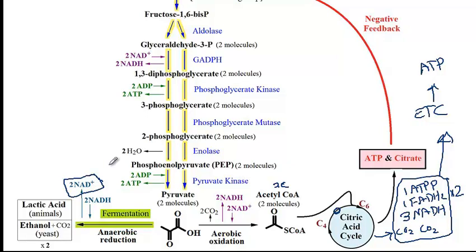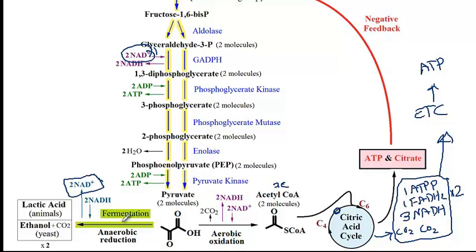If you've noticed, all the NAD+ that we had here is being used up in the glycolysis pathway. And if we don't regenerate the NAD+, in anaerobic organisms or under hypoxic conditions, our cells cannot generate more ATP because they need NAD+ in order to get glycolysis to go through.